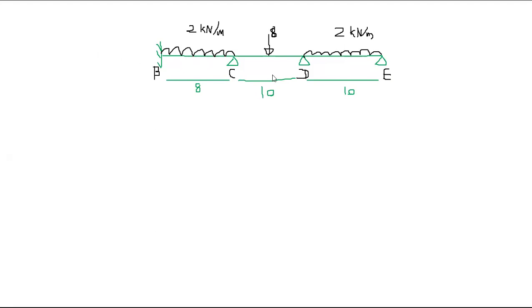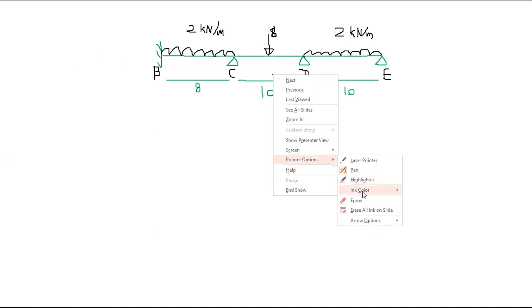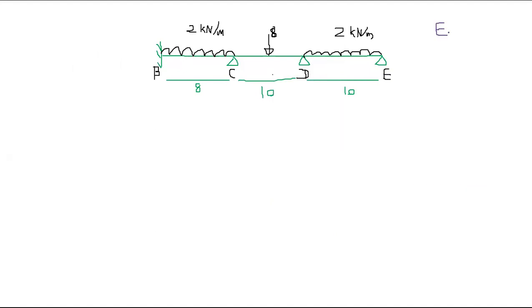So another thing, E is same, Young's modulus is same, it's the same material, but the cross-section area varies. This is 4I, this is 5I, and this is also 5I.